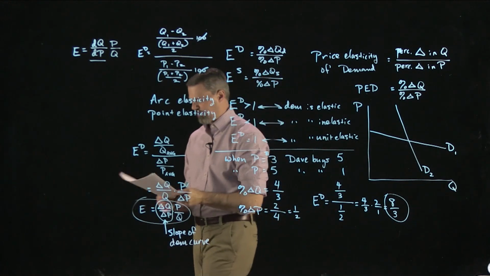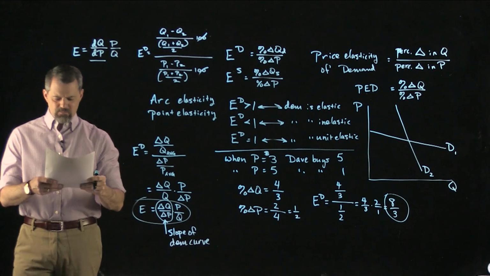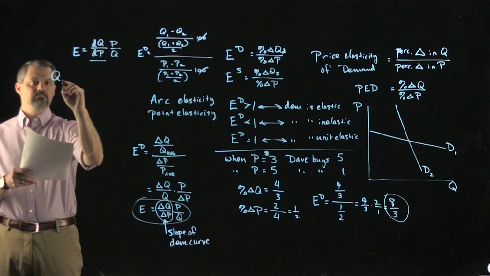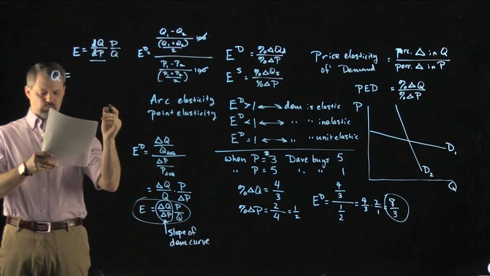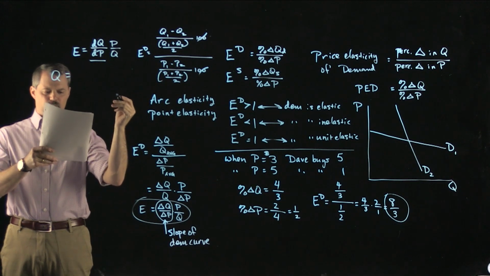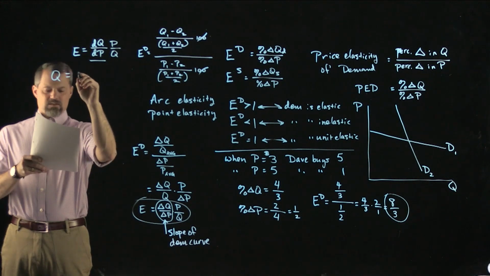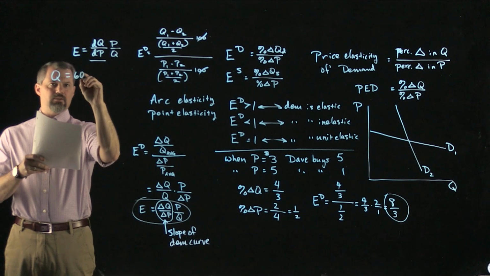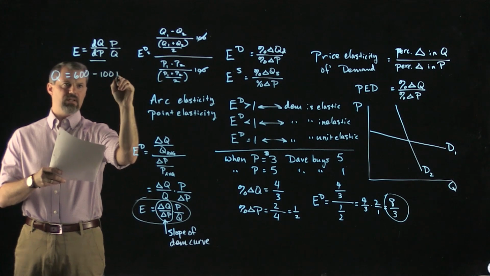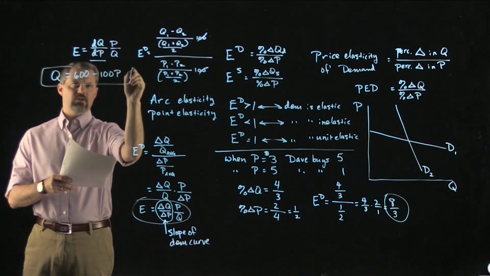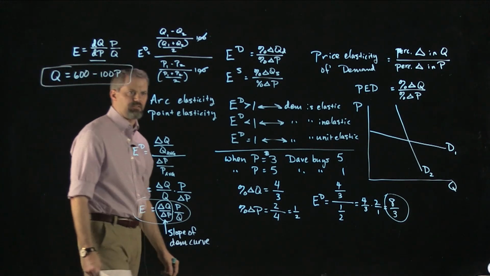So let me give you an example. Our demand curve is this. Let's work with the second one that we had. Quantity is equal to 600 minus 100P. There's the demand curve that we've been working with in the previous video.